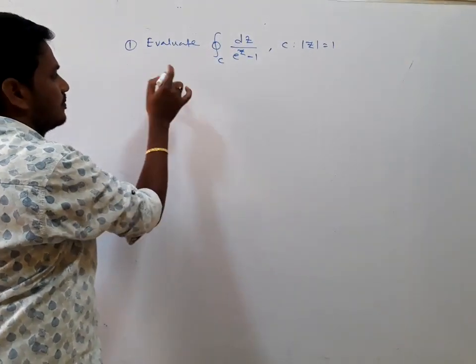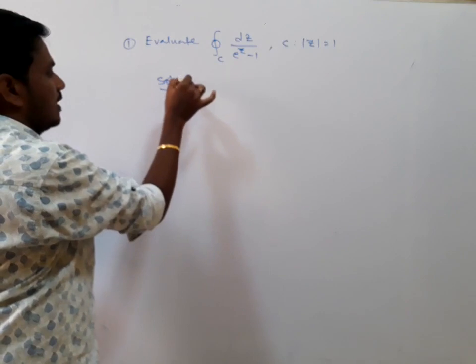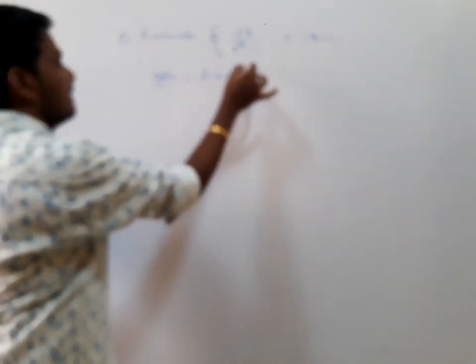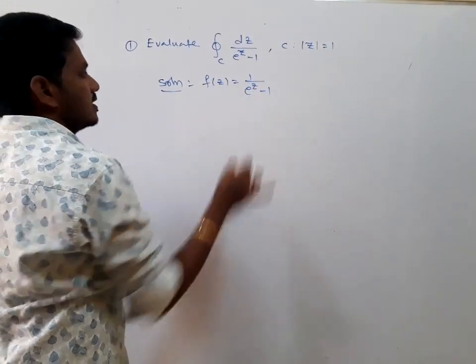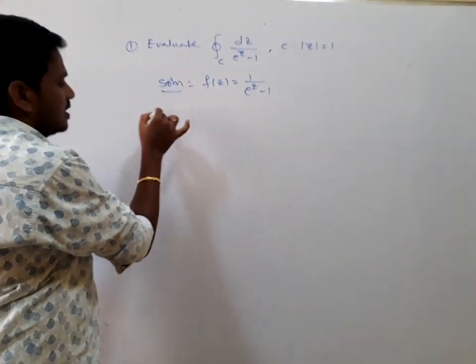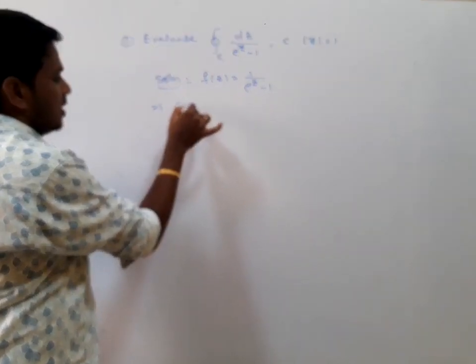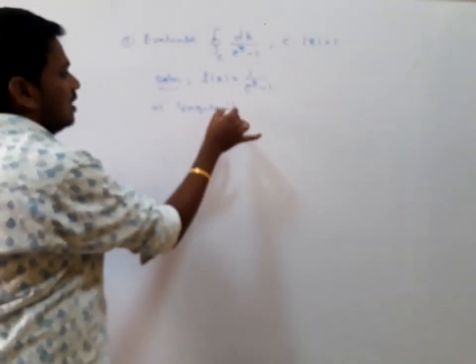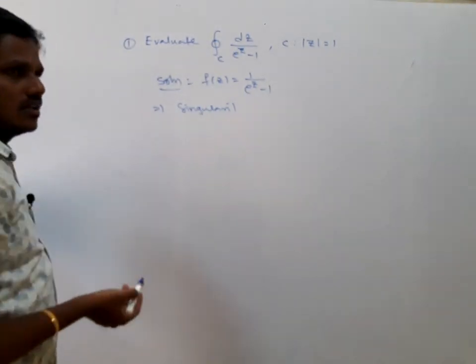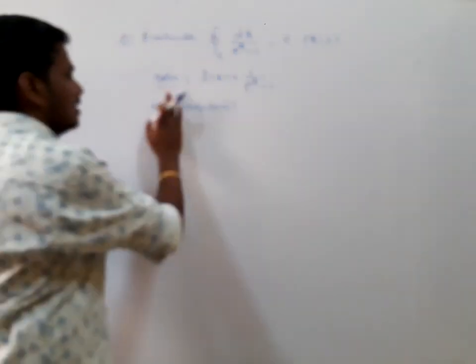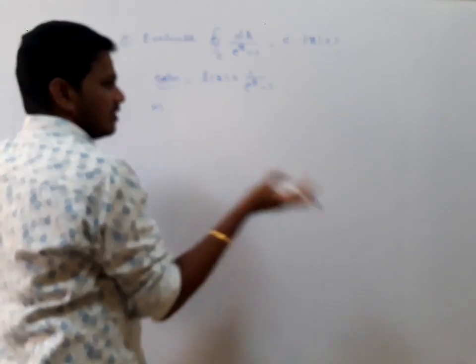Suppose I take f(z) equals 1 by e to the power z minus 1. The singularities, or poles, of f(z) are given by where the denominator is equal to 0, because then the function is not analytic. Every pole is a singular point.